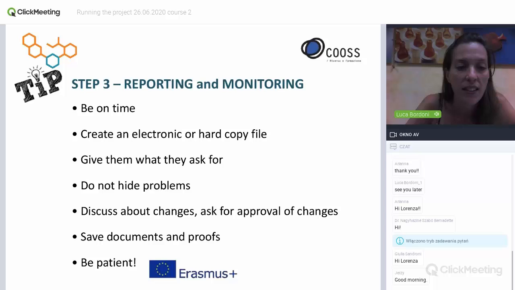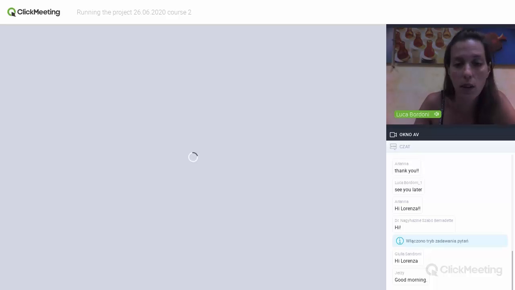And be patient, because the monitoring work of a project manager may be an iterative work with the provision of similar information every 2 months, but it's very, very important to have a clear idea about what's happening in such a complex consortium of people.